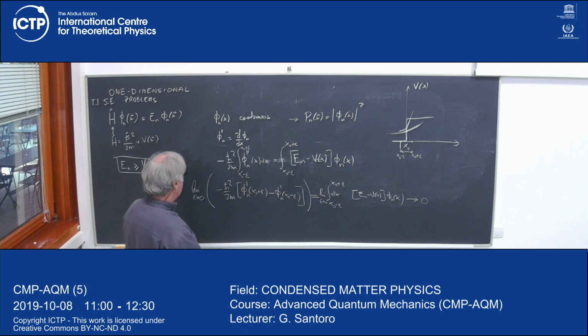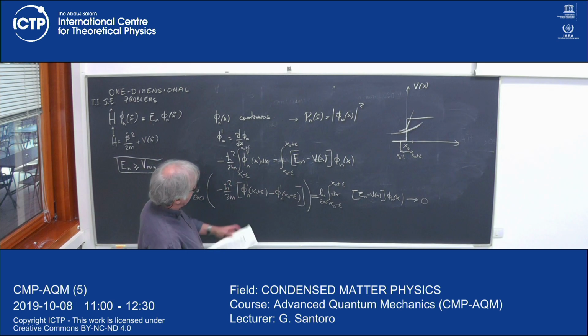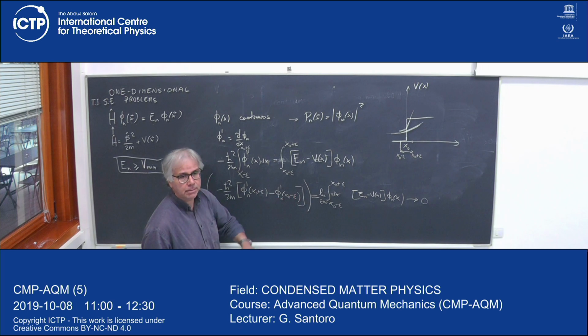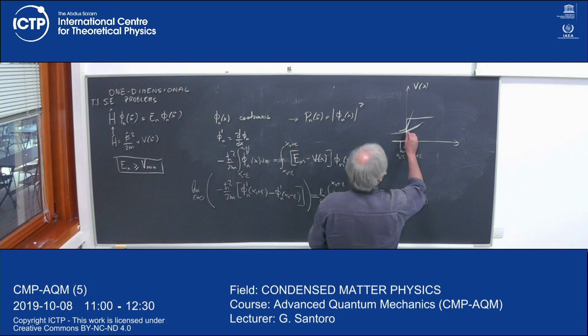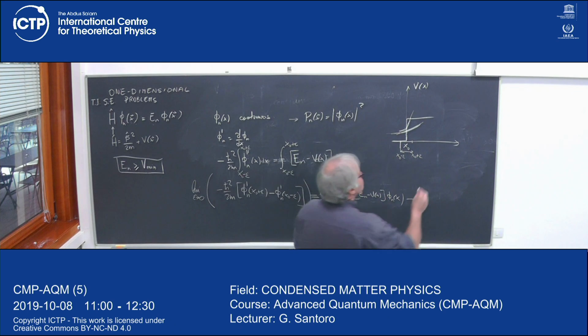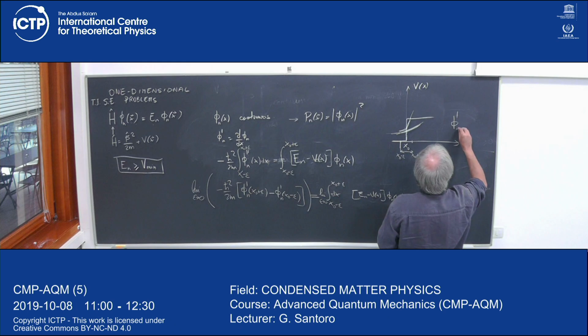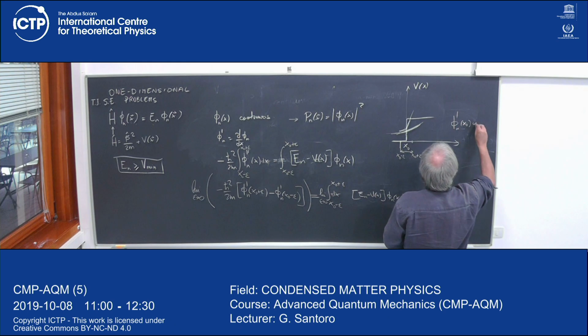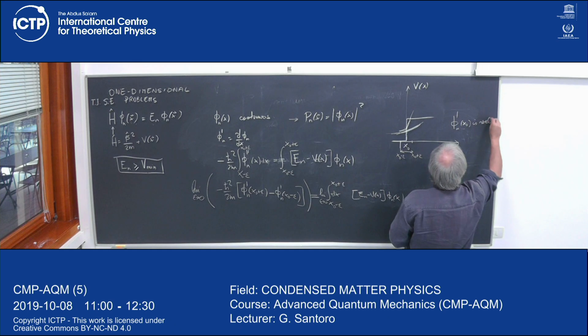So, in some sense, this is telling you that the limit of the derivative from the right minus the derivative from the left is 0. So I am in a situation where the derivative is not discontinuous, but rather smooth. Is it clear? So phi prime of x0 is well defined.